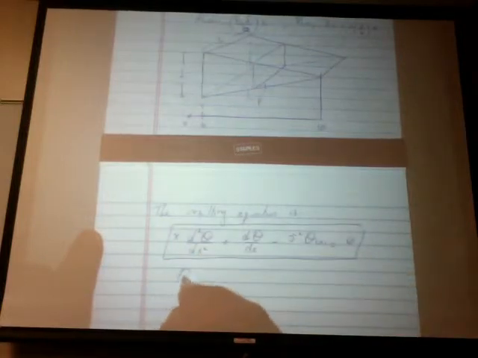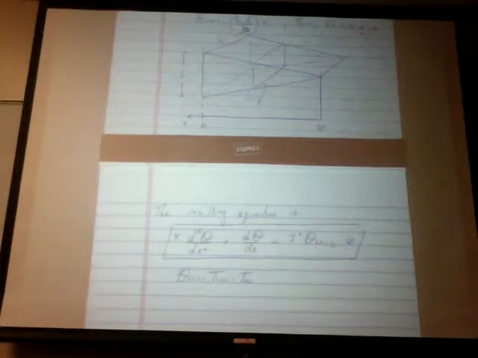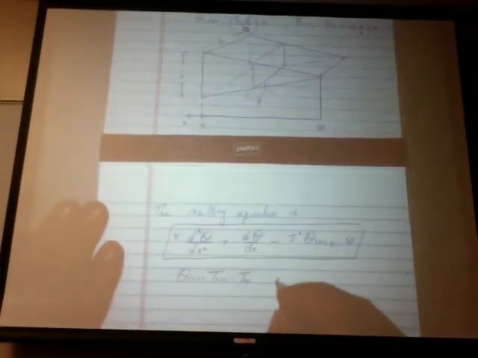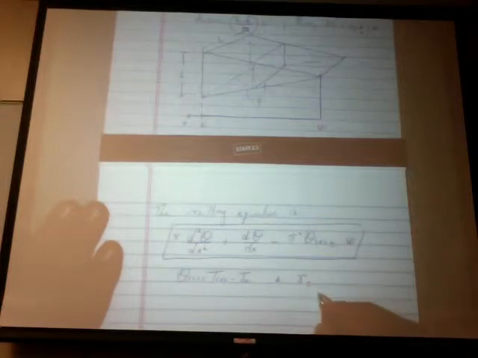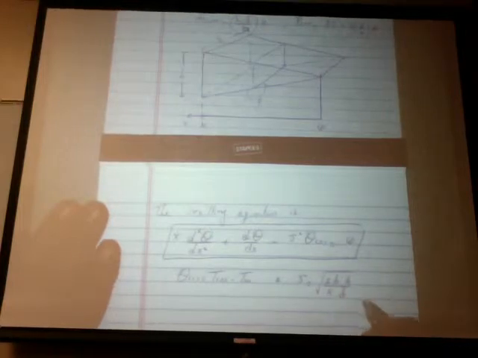Such that theta of x is equal to T of x, this is what we're trying to solve for, the temperature as a function of x, minus T infinity. So it's just a shifted temperature. And gamma is equal to the square root of twice h B over k, that's the conductivity, times delta, which is the height of the fin.